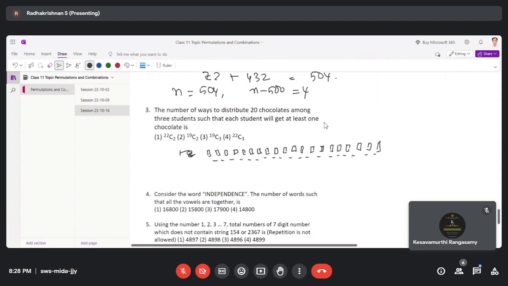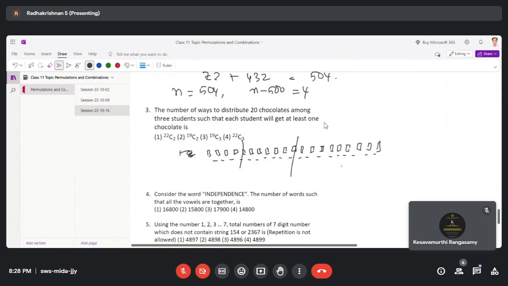So in these 19 places, you pick any 2, okay, and draw a line. This means first student gets 4 chocolates, second student gets 7 chocolates, third student gets the remaining. So like this, we can draw the line in any two of the blanks. Each one will give you a way of distributing.